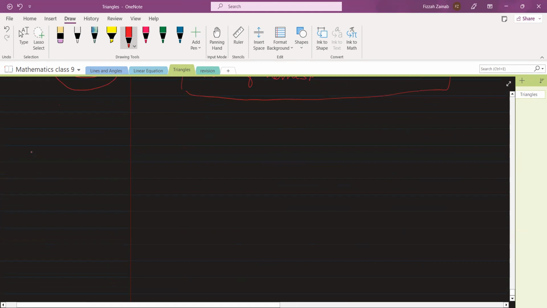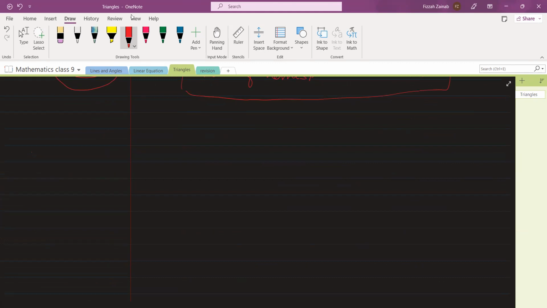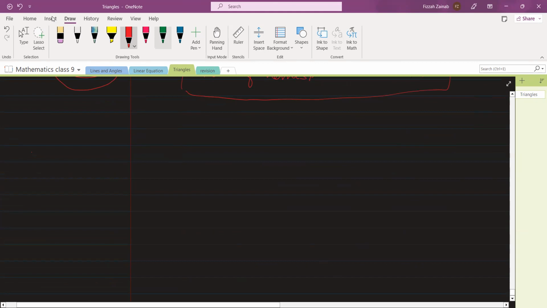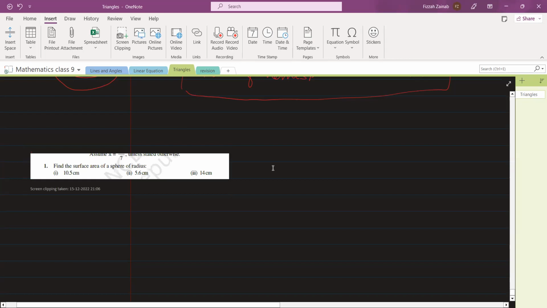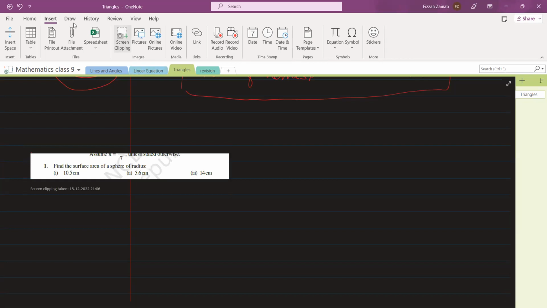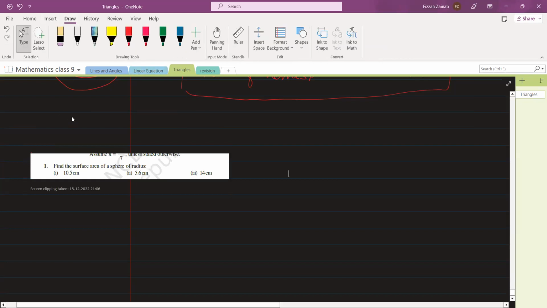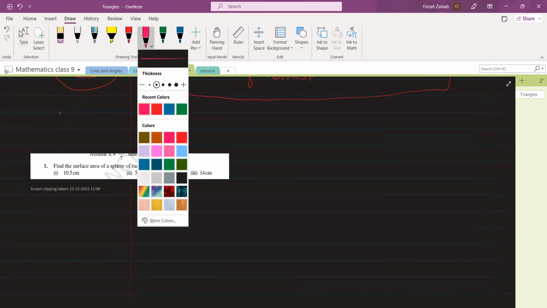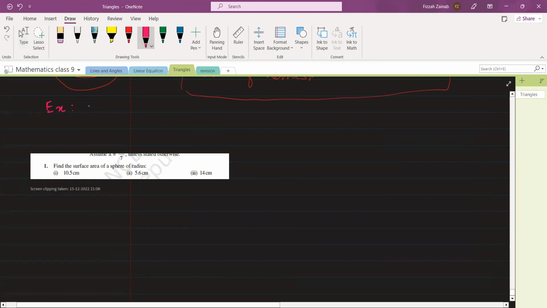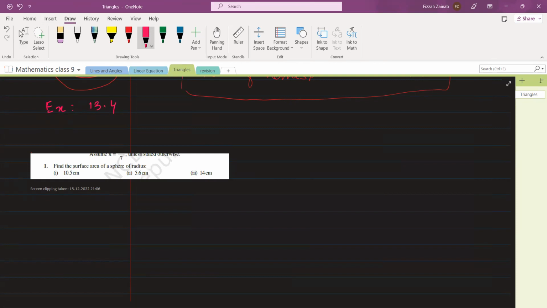Now exercise 13.4, question number 1. So let's do one thing, Jaslyn. There is no point that I do all the calculation. Now you are going to solve it, okay? Now please solve first question, first part.